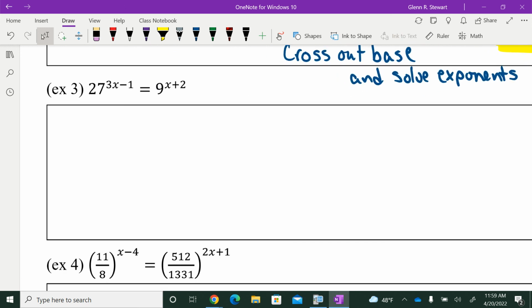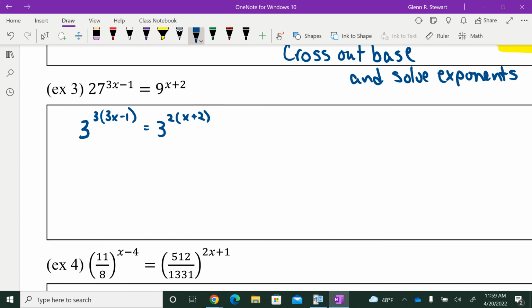What base do 27 and 9 have in common? Yeah, I just gave it away. Doggone it. All right, so 3 to the third times 3x minus 1 and 3 squared times x plus 2.